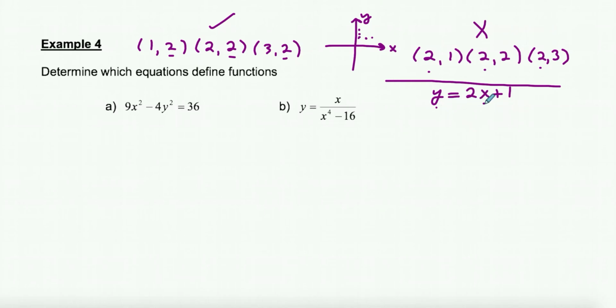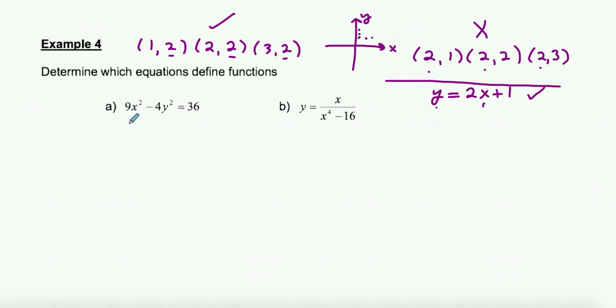So if my x is 2, 2 times 2 is 4, plus 1 is 5. But if my x is 3, for every x, I'm only going to get 1 y. So we know that this is going to be a function. The equation test says if a value of x can be found which produces more than one value of y when substituted into the equation, then the equation does not represent a function.